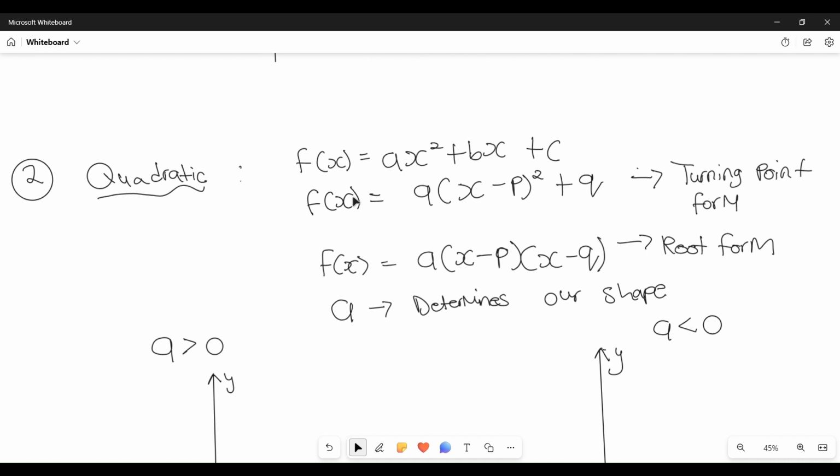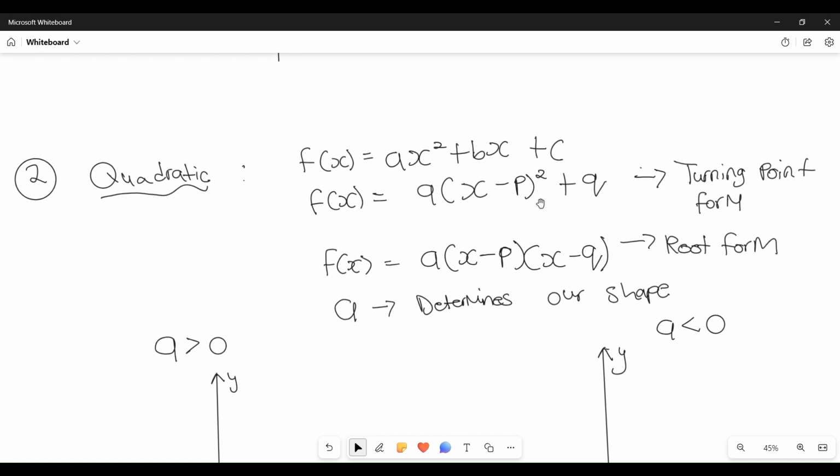We have this form, which says f of x equals ax squared plus bx plus c, where a is the one that determines the shape of our graph, and b and c are our constants. And we also have this form of the quadratic function, which says f of x equals a times (x minus p) squared plus q.